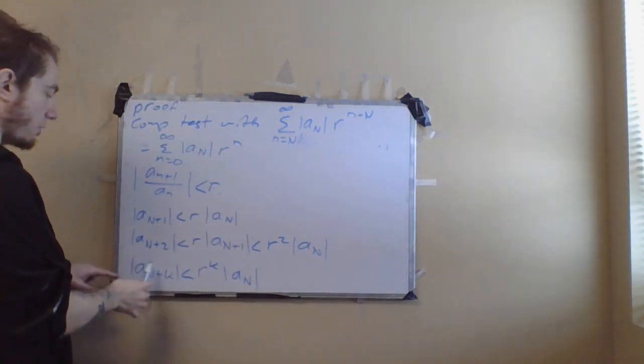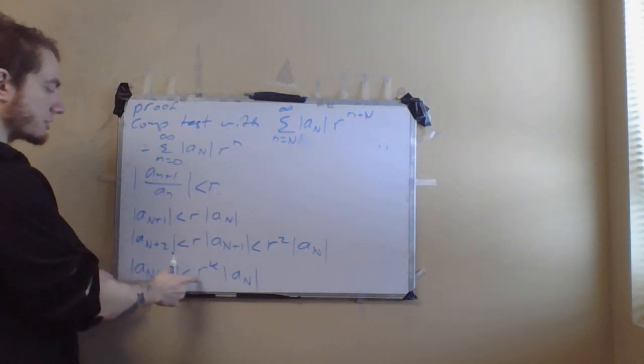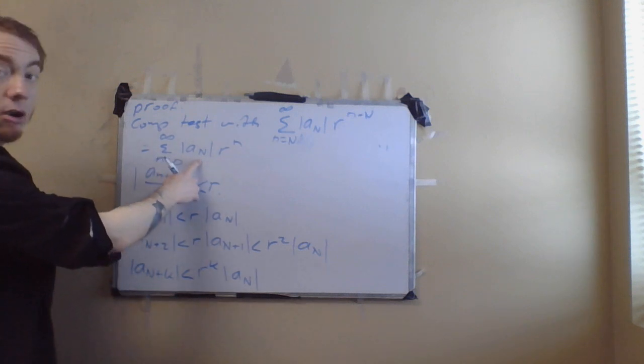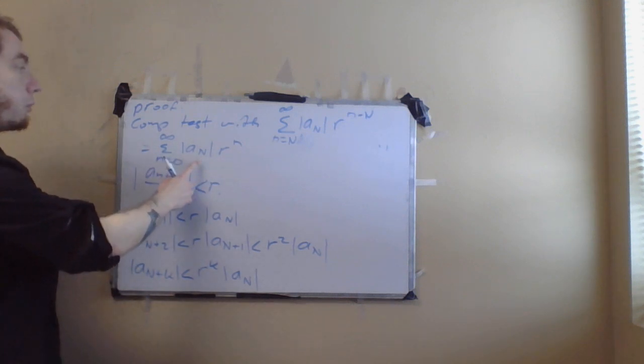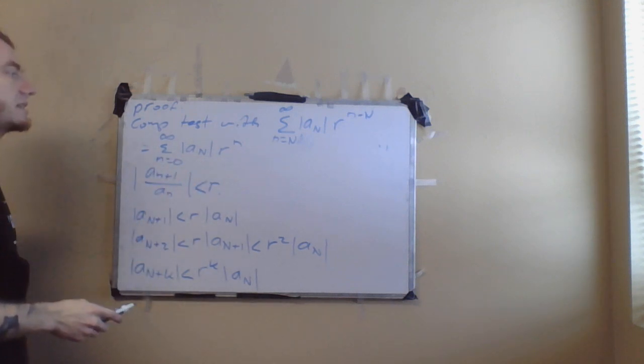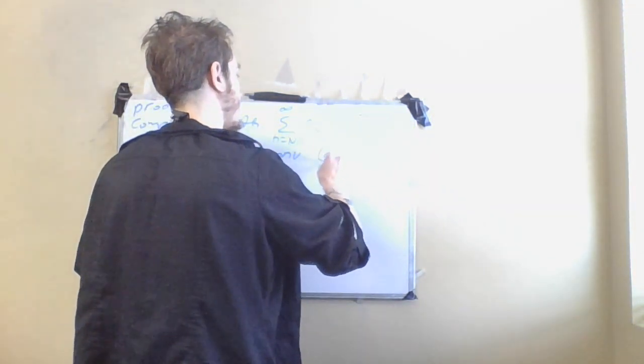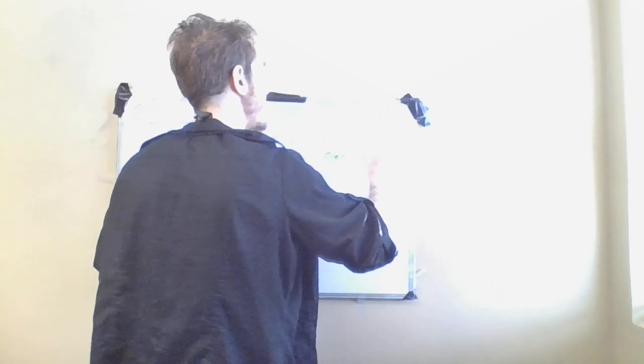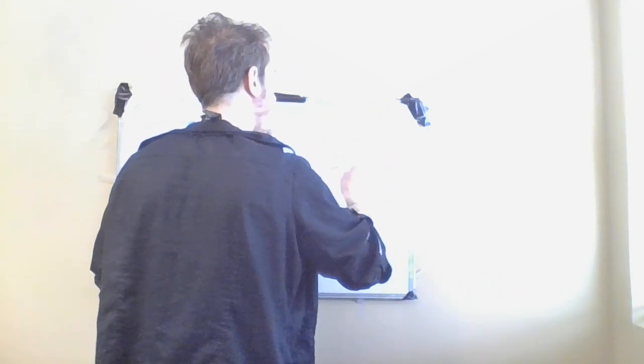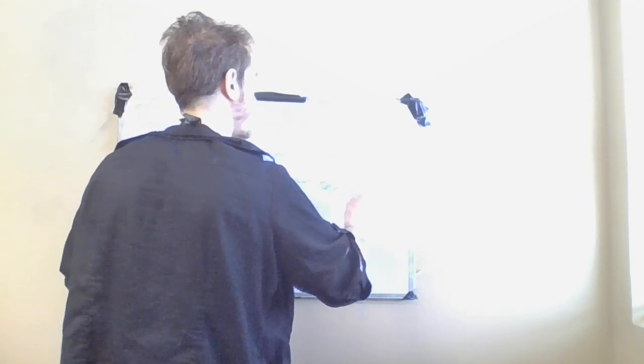But the thing is, we just said that all of the terms are smaller than the terms here. Well, what does that mean? That means that since this converges, being a geometric series with r less than 1, our series converges as well.